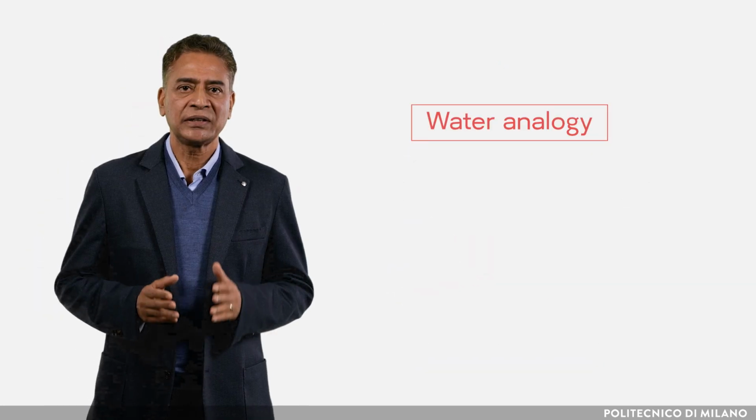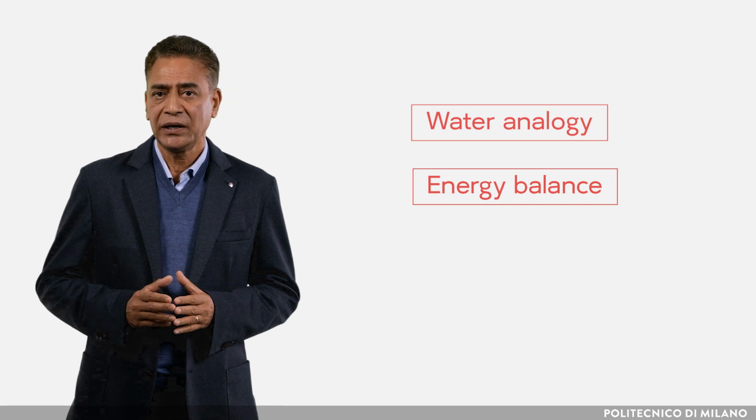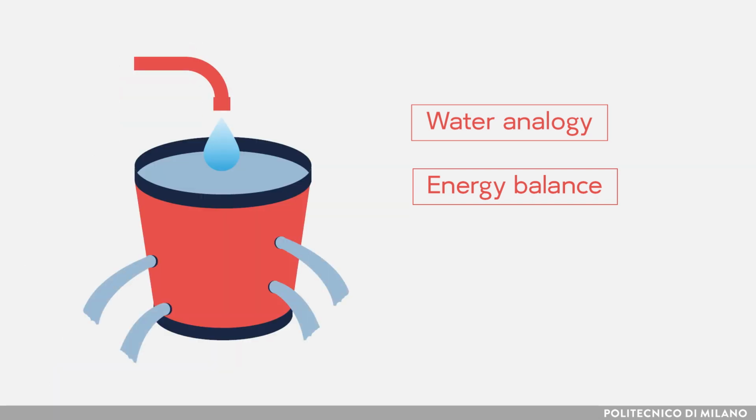The water analogy is useful to understand the energy balance of a building. If we imagine a bucket with holes in the bottom and the sides, we know that if we fill it with water and we want to maintain a certain level, we need to provide as much water as it loses.